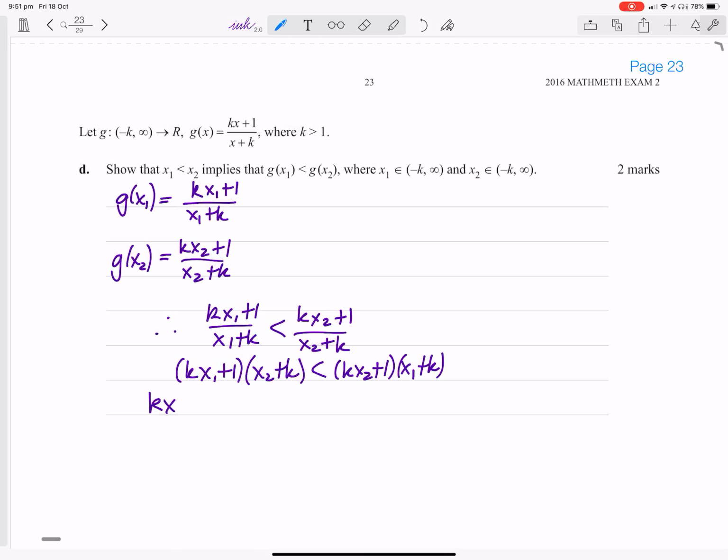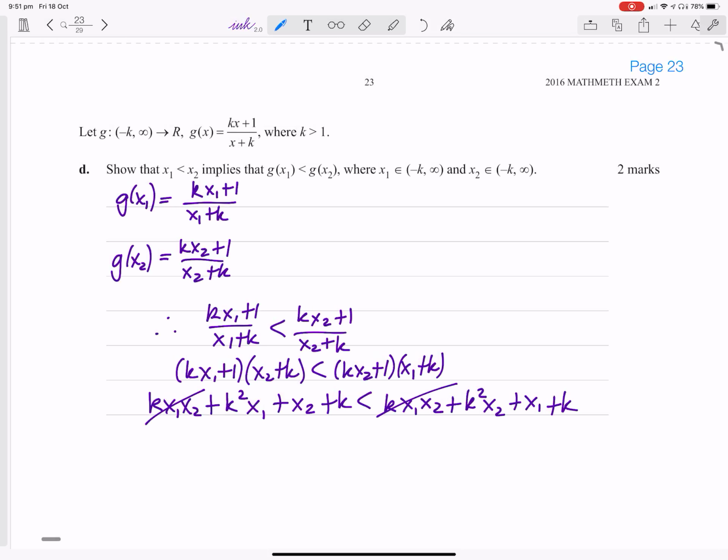So k x1 x2 plus k squared x1 plus x2 plus k has to be less than k x1 x2 plus k squared x2 plus x1 plus k. So that cancels with that.